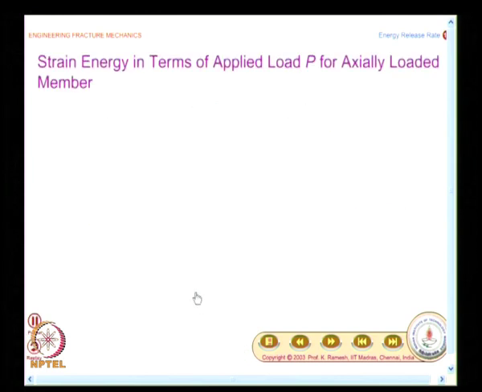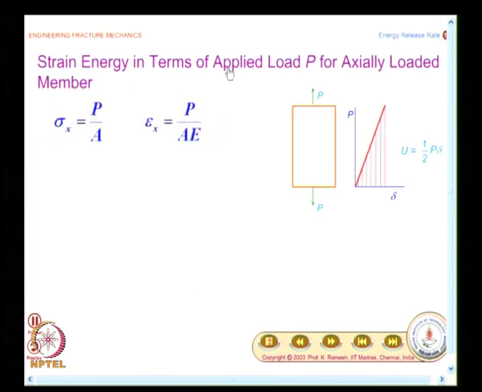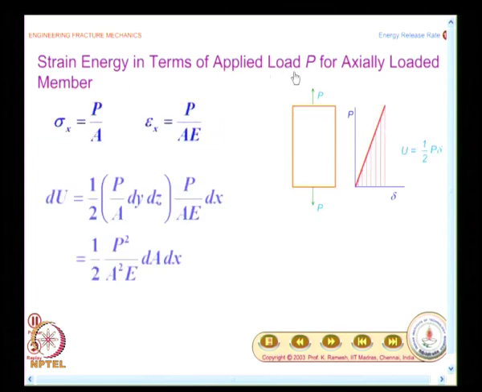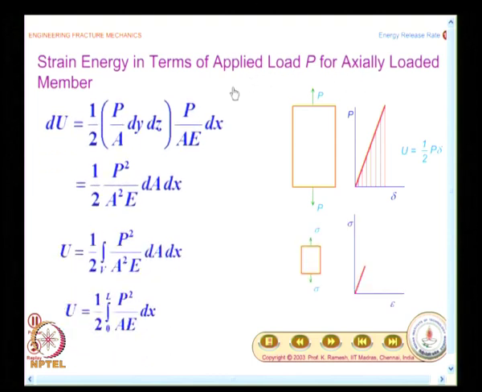We will also now look at strain energy in terms of externally applied load. We will now look at it for an axially loaded member. This is what we will look at now. These are basic expressions which would come in handy when we want to look at how to apply the concept of energy release rate for fracture calculation for simple geometries.